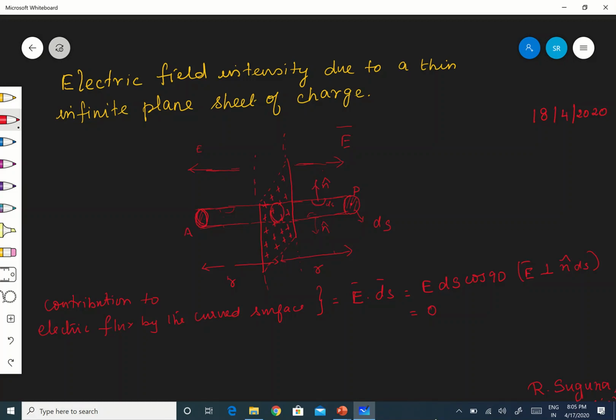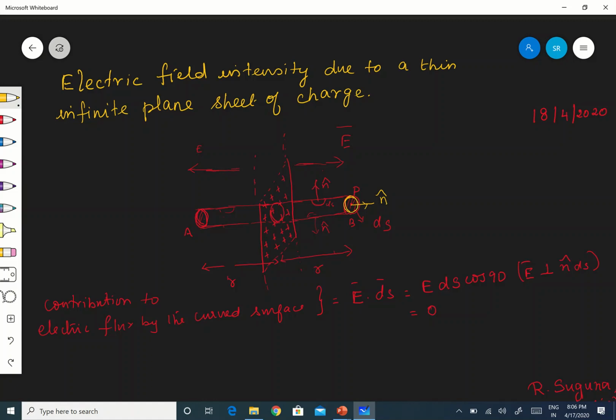Let me give them names, A and B. At the edges A and B, there is this surface. Here, what is the area vector? This will be your n.